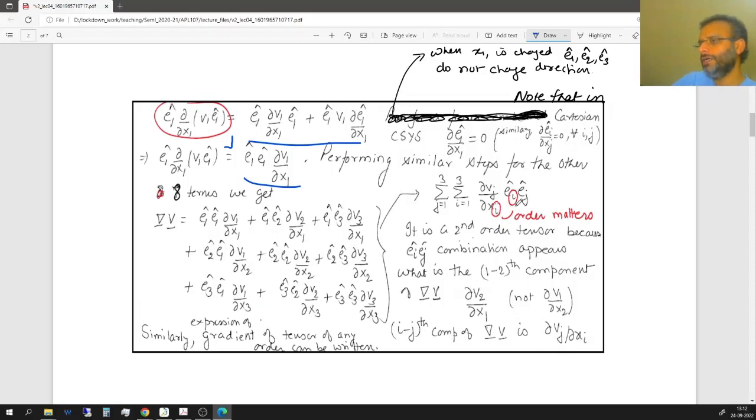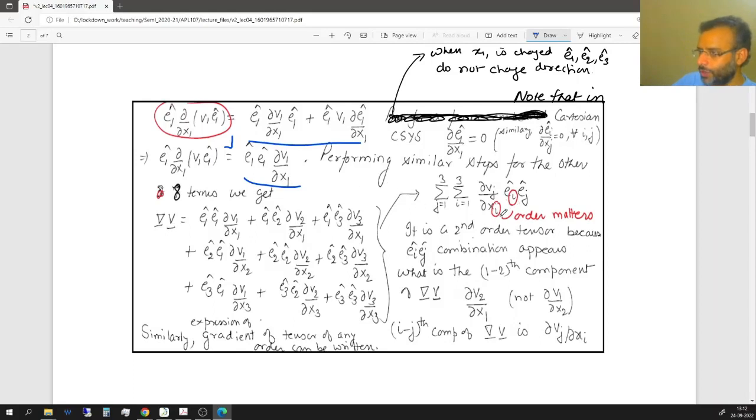Mind you, here the index of the left unit vector of the dyad has to match with the index of the spatial derivative. You cannot alter it. If you alter it, it will not remain del v, it will become something else.